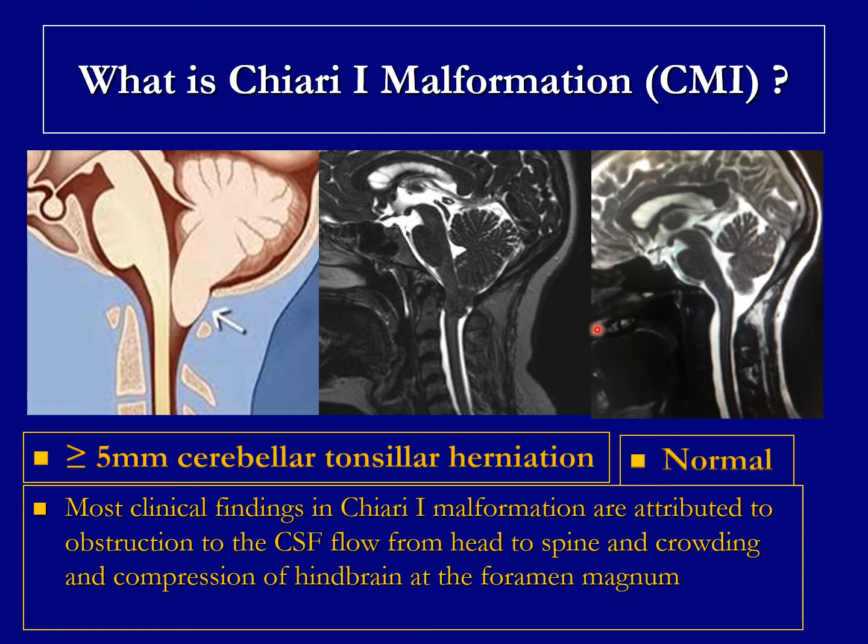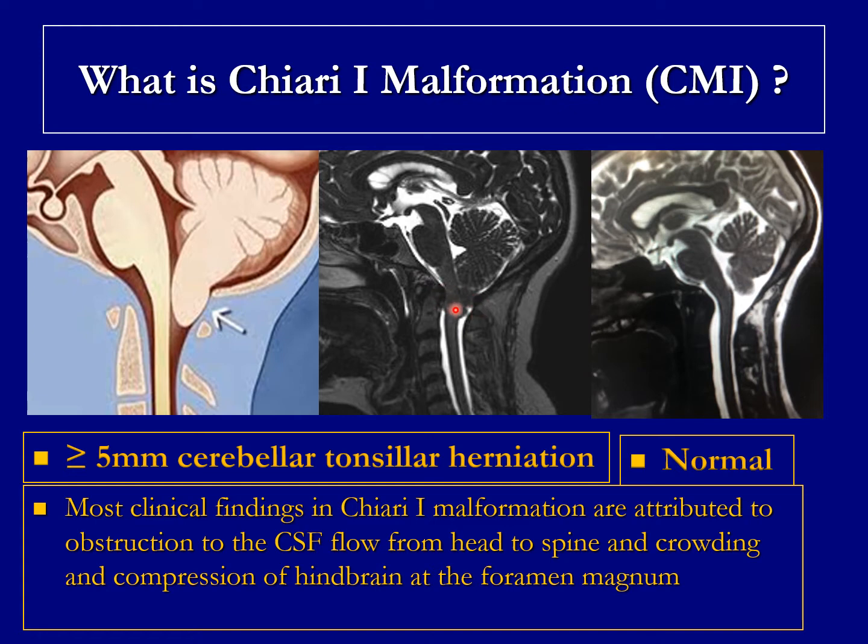Now, one can also see, if you go back to the right side where the normal patient is, that this bright signal that we see is the CSF extending from the head to the spine, which is contiguous in a normal patient. But in a Chiari patient, as you can see, the CSF is not contiguous between the head and the spine, which constitutes the CSF flow obstruction.